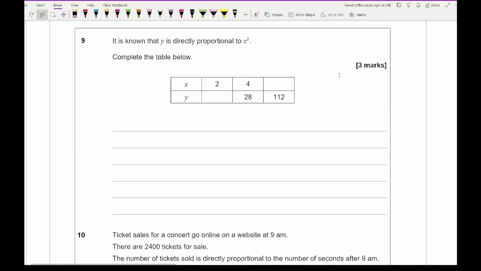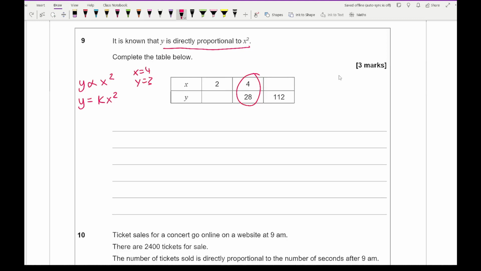Moving on to question 9, it says that it is known that y is directly proportional to x squared. Complete the table below. So using this, what we need to do is write down the notation. So y is proportional to x squared. Replace the proportional symbol with equals k, and then use two known values. So I'm going to use this. So I know that when x equals 4, y equals 28.